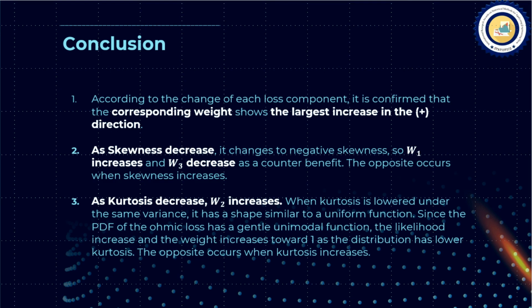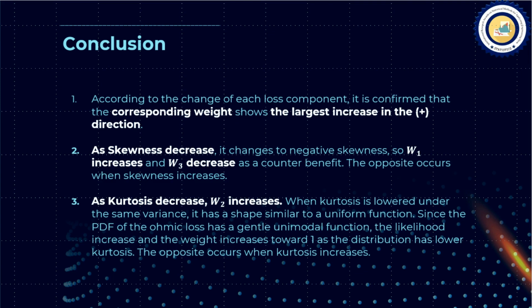First, according to the change of each loss component, it is confirmed that the corresponding weight shows the largest increase. In other words, the weight given to the loss component showing the most dominant increase shows the largest increase in the first direction.